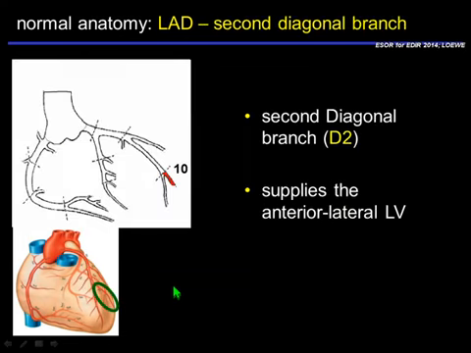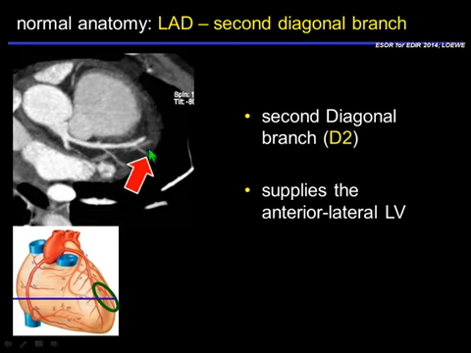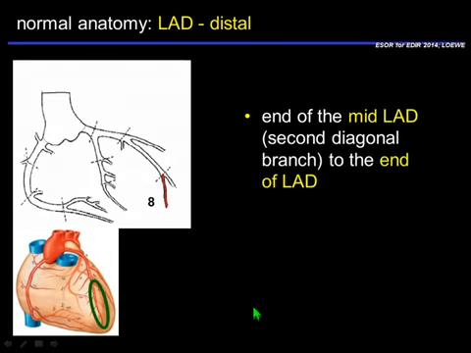The next segment, segment number 10, is the second diagonal branch, another branch to the lateral part of the left ventricular myocardium. Here we see the second diagonal branch. Distal to the branching of the second diagonal, we have the distal LAD, which is the last segment of the LAD, up to the very final end of the LAD at the apex of the heart.